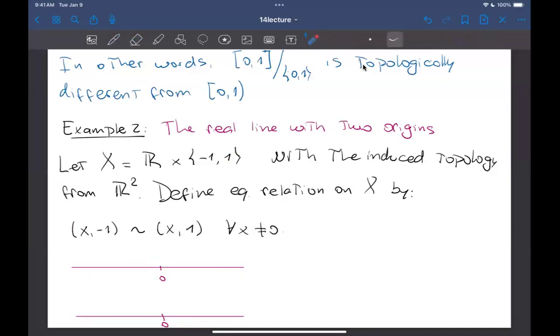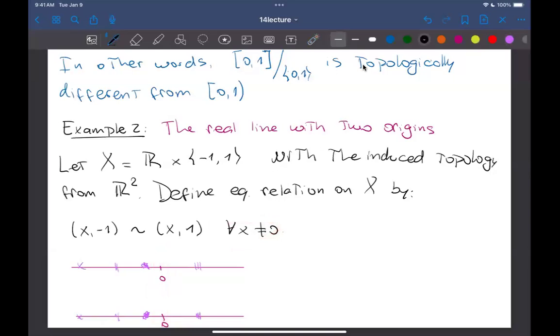So these 2 points get identified, and then these 2 points get identified. These points get identified, and so on. Also on this side, these 2 points get identified, and so on. But 0, well, of those you have two copies because you are not identifying them with anything.